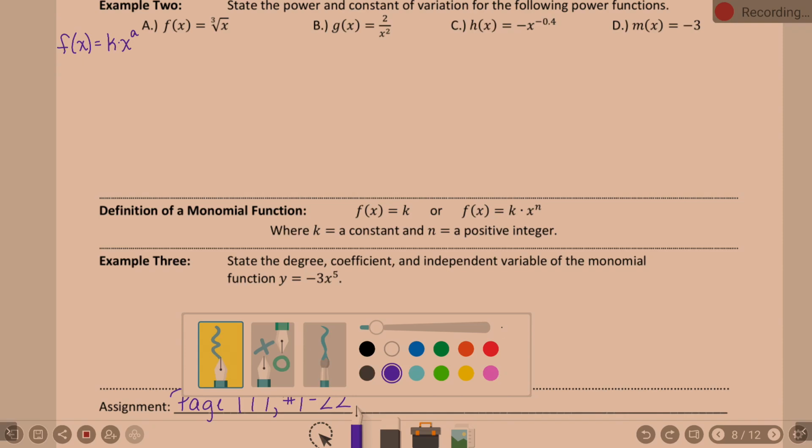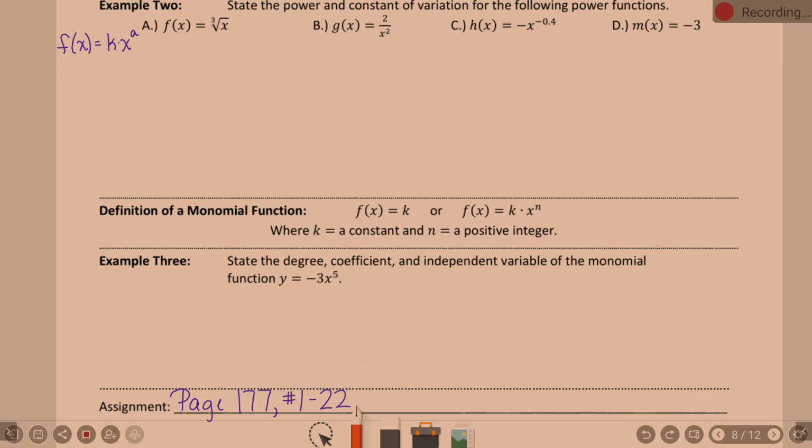Thoughts on this first example? It's f of x equals the cube root of x. What's another way to write this? They asked me for the power.